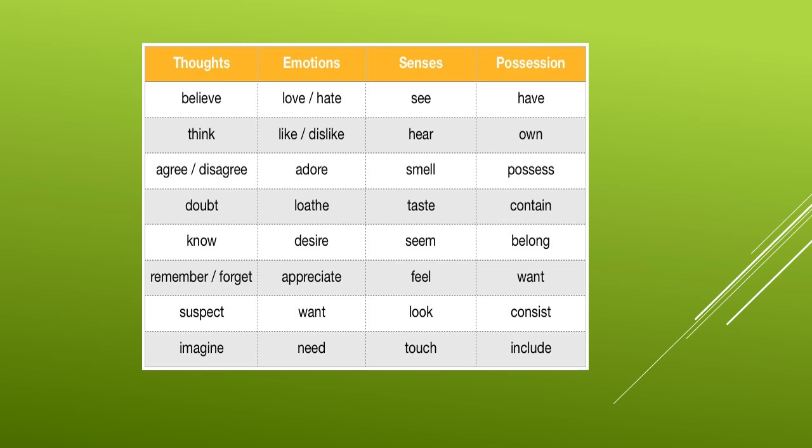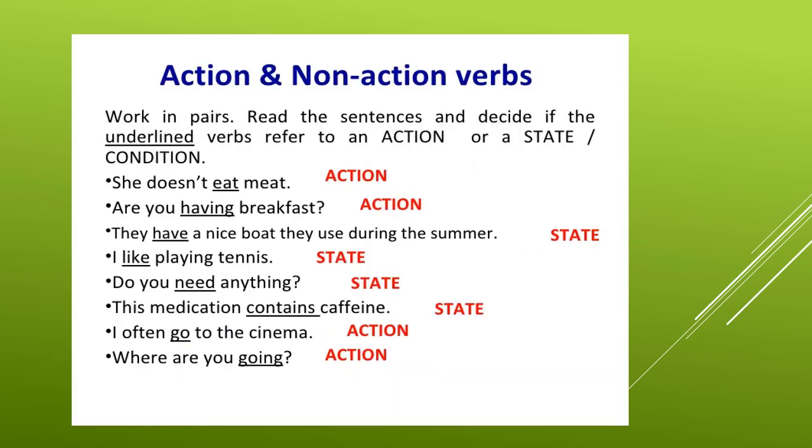You can go over this table and read all the verbs which come under the heading of all these non-action words. So this is the exercise related to the state verb and the action verb.